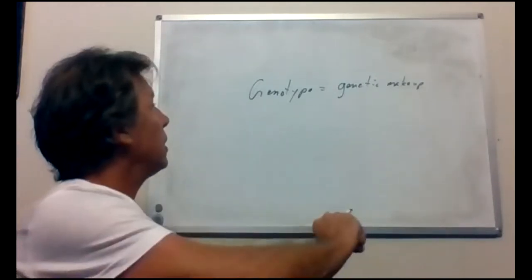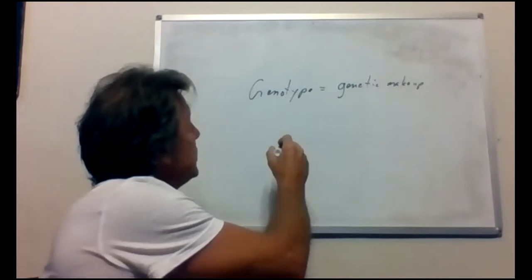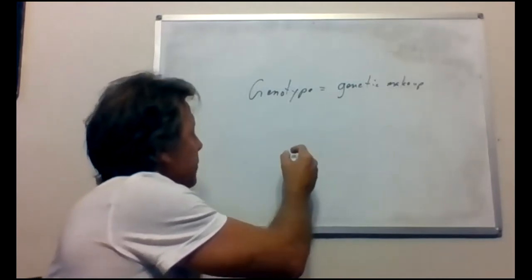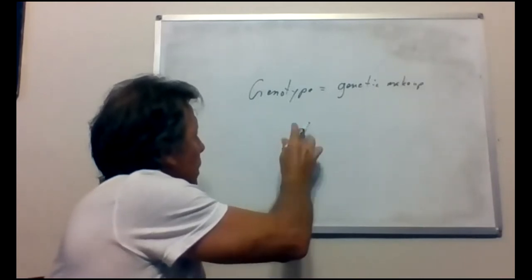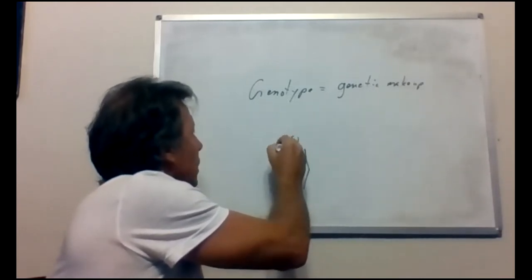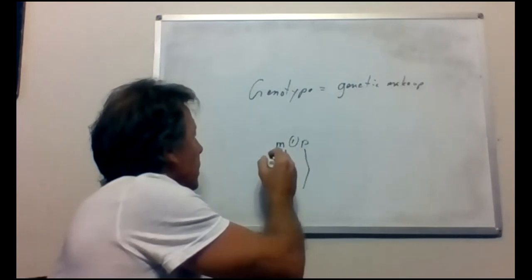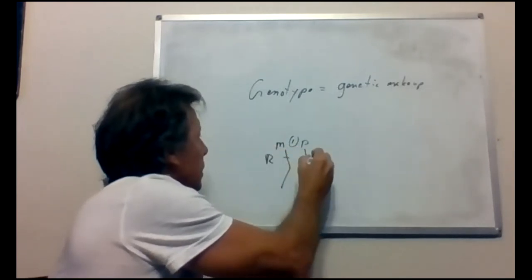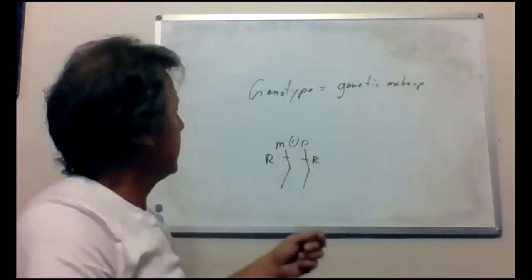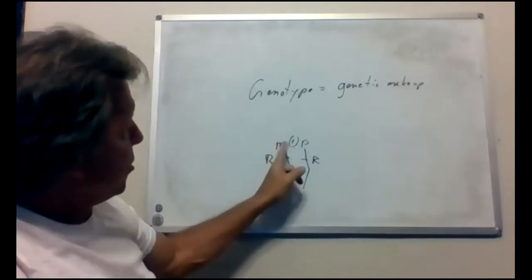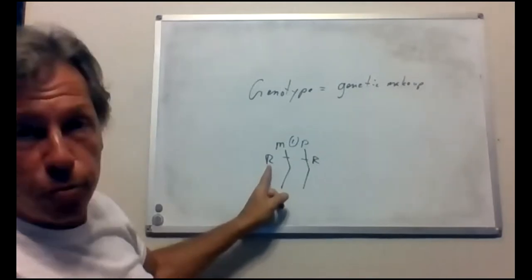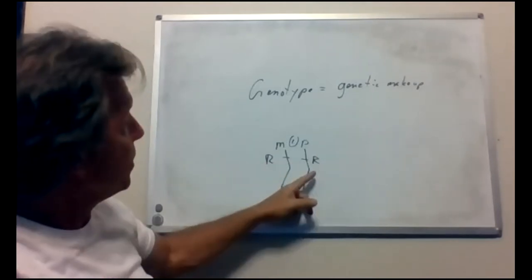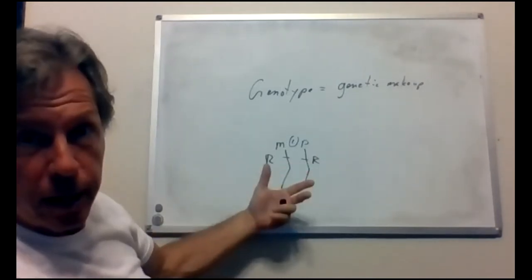So I know that if I have, on chromosome number 1, my maternal and my paternal copy of the chromosome, if they're both the same, right? So they're both red hair alleles, then these are the same, right?